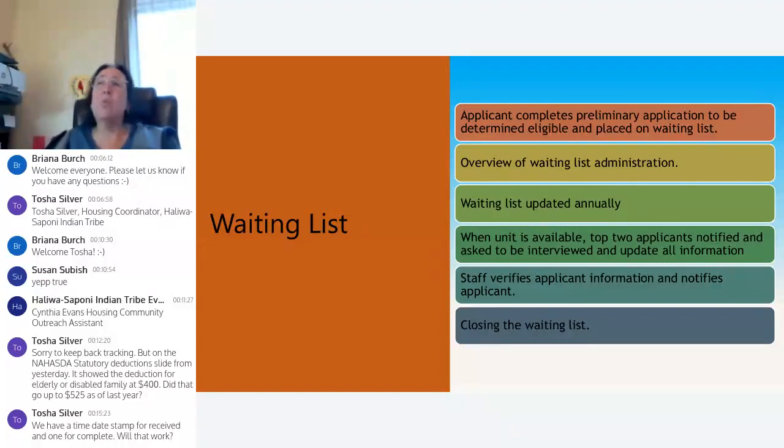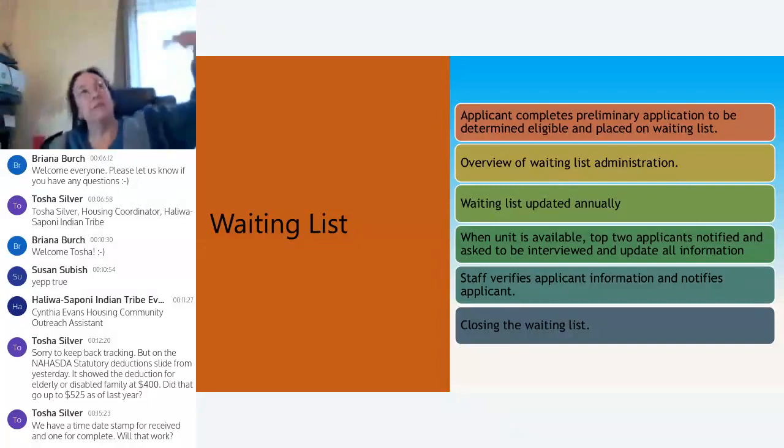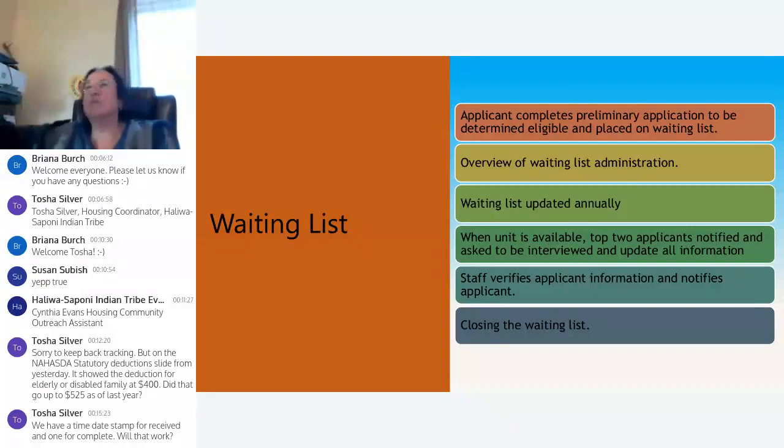Now, closing a waiting list. You have waiting lists for all of your programs, and they shouldn't all be on one list. If you have rehab, down payment assistance, low rental housing, or tenant-based rental assistance, depending on what you have, they should all have their separate list. And sometimes you've put in your IHP that you're going to offer 10 people down payment assistance of $5,000 or $10,000.